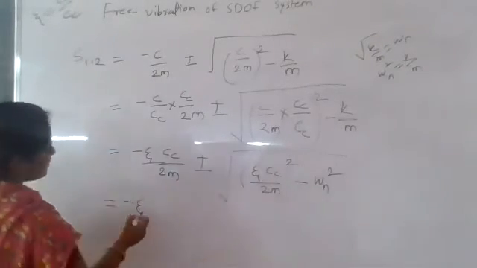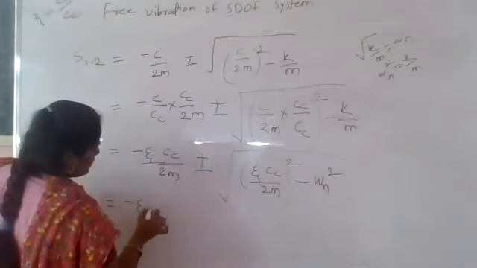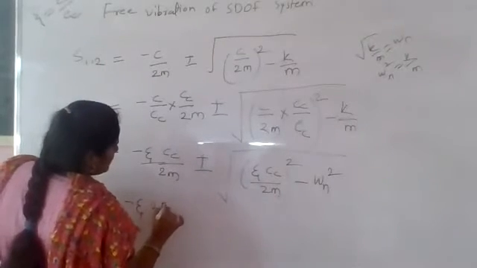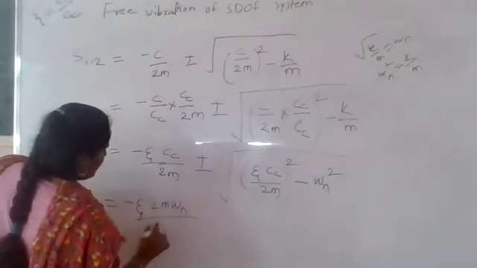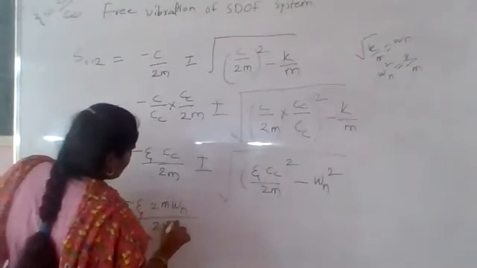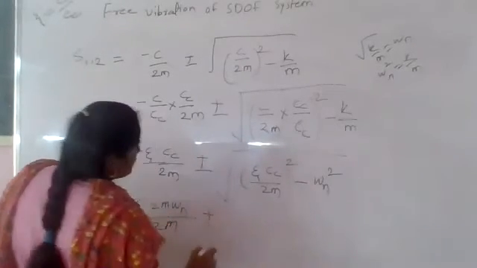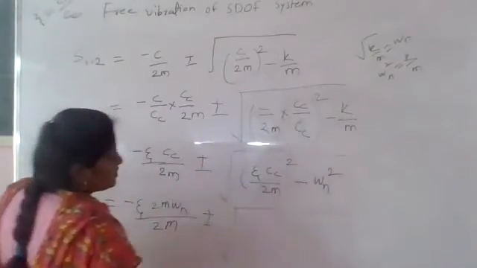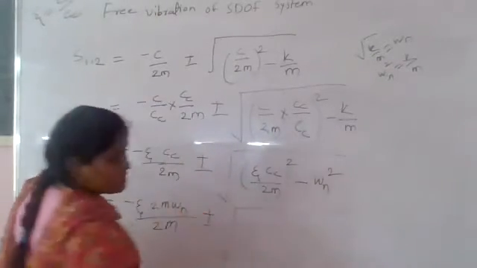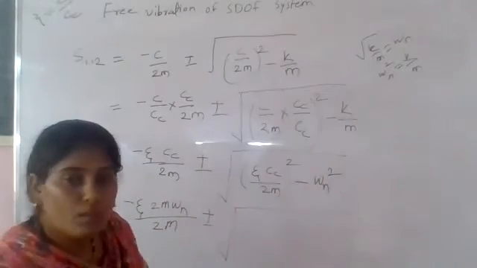How to resolve? Zeta into Cc, and Cc is nothing but twice M omega n, divided by the same terminology, twice M, plus or minus root of this. Again Cc will be equal to twice M omega n.